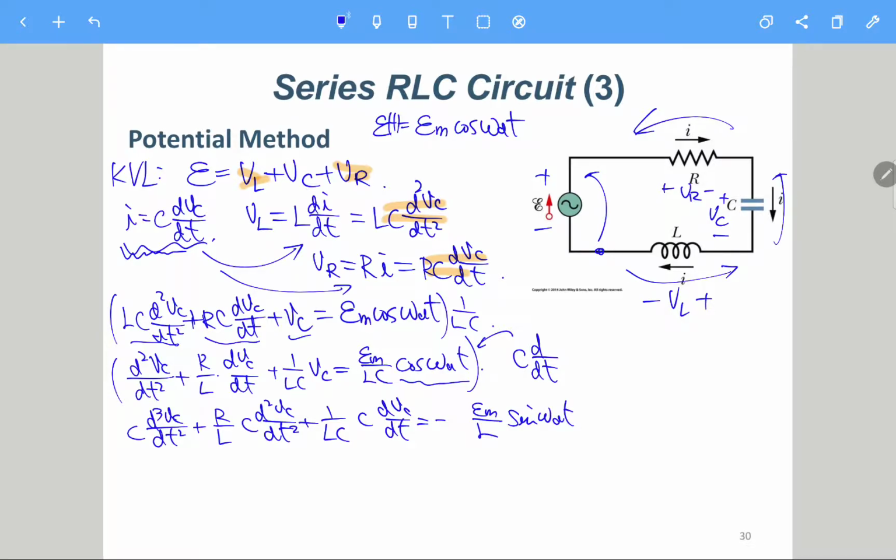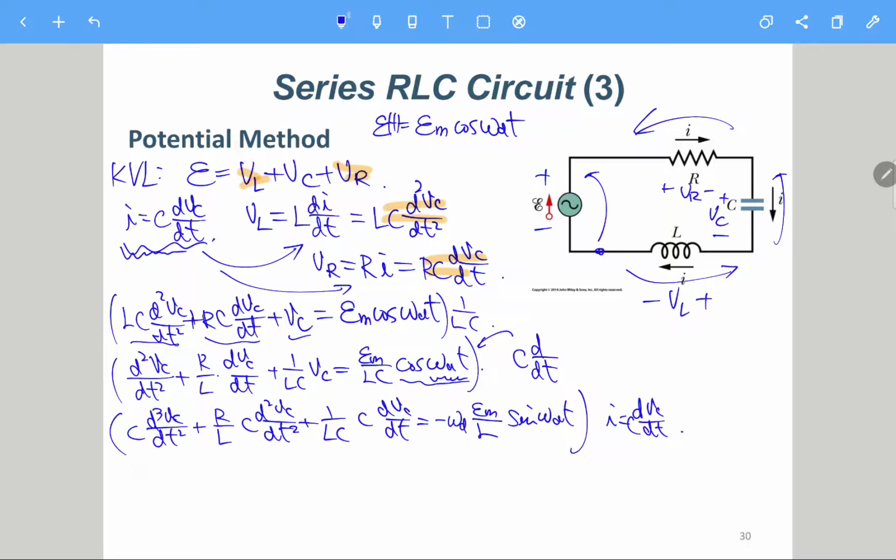Of course we still need the chain rule, so we have omega here. And of course I equals C dVC/dt.